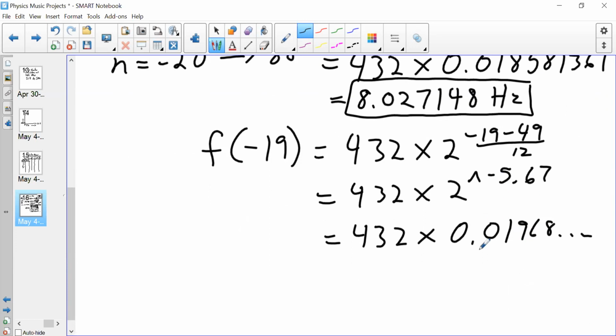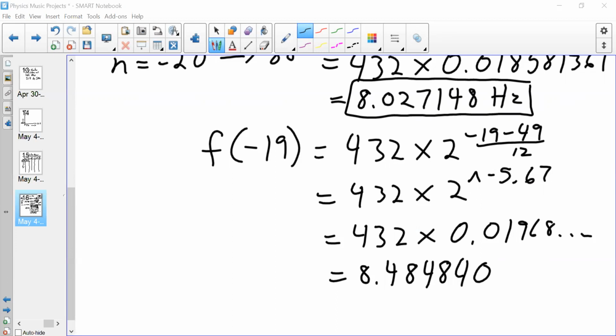So whatever this is, that comes out to be 8.484840 for our 7 sig figs. And that's what I get here for my minus 19 C sharp. And do the same thing for D and keep going, counting up.